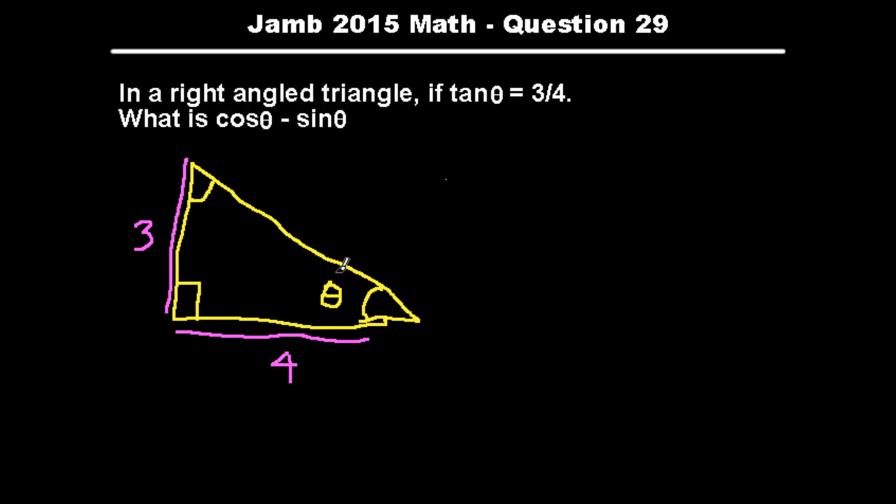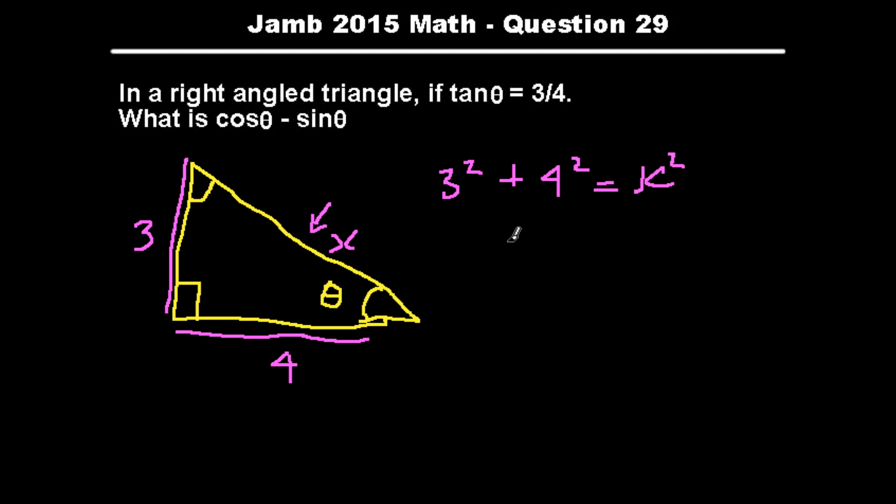So based on this information, we can use the Pythagorean theorem to figure out what this last side, which is the hypotenuse, is. And the Pythagorean theorem says that 3 squared plus 4 squared is equal to, let's call this x squared.